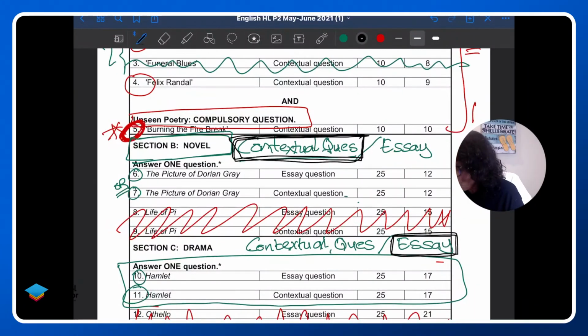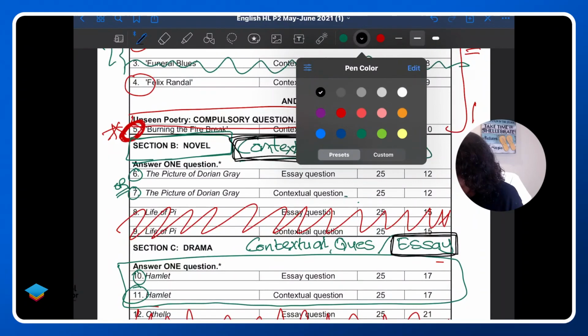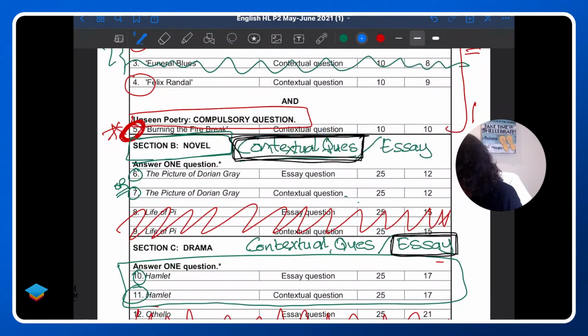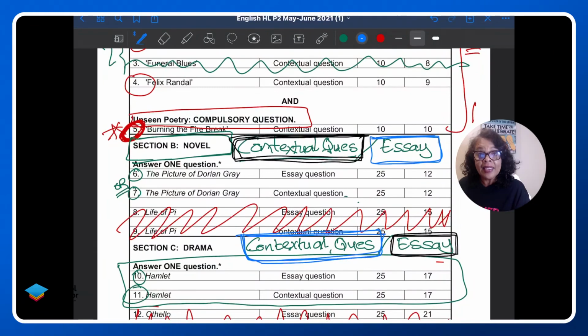Okay? Should you choose to do the essay for the novel, then you must do the contextual question for your drama. Okay? That is prescribed. That is an instruction.